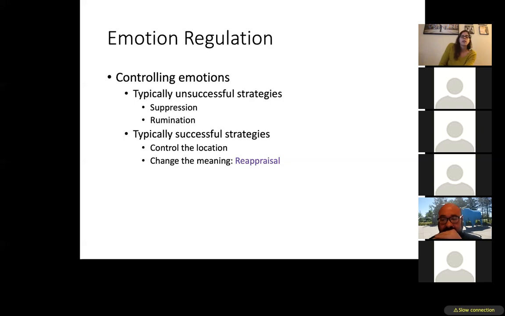Another successful strategy, if it's something that's causing you to feel a certain emotion that you have control over whether you're exposed to it or not, then you can just change the location, change the situation. If there's a movie that's scaring you and you're like, I don't want to feel scared anymore, then the easiest thing would be just to stop watching the movie and walk away from it.